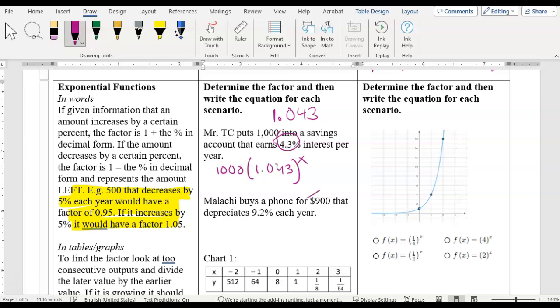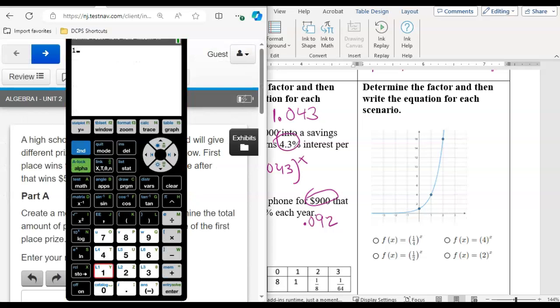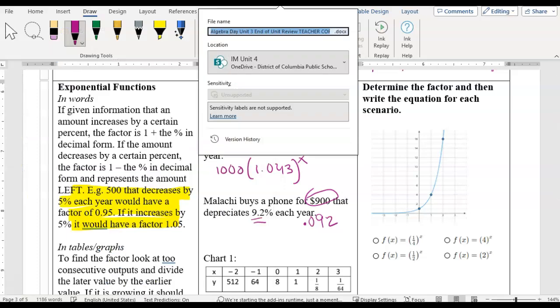If Malachi buys a phone for $900 that depreciates 9.2% each year, that means the decimal is 0.092. And so we would do 1 minus 0.092. Again, if you need to, you can use your calculator. 1 minus 0.092, you'll get 0.908 here. So what's left is 90.8%. All right, and that makes sense if we're taking 9.2% off.